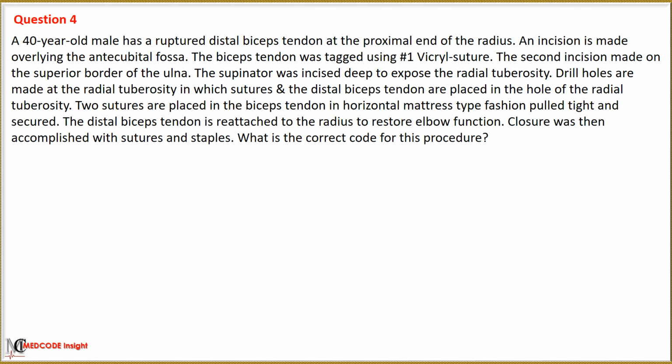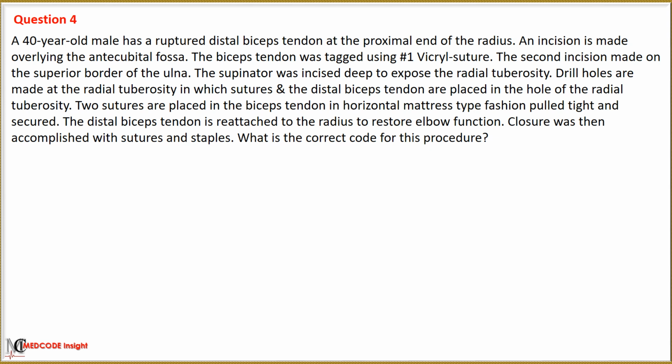Drill holes are made at the radial tuberosity in which sutures and the distal bicep tendon are placed in the hole of the radial tuberosity. Two sutures are placed in the bicep tendon in the horizontal mattress type fashion, pulled tight and squared. The distal bicep tendon is reattached to the radius to restore elbow function. Closure was then accomplished with sutures and staples.